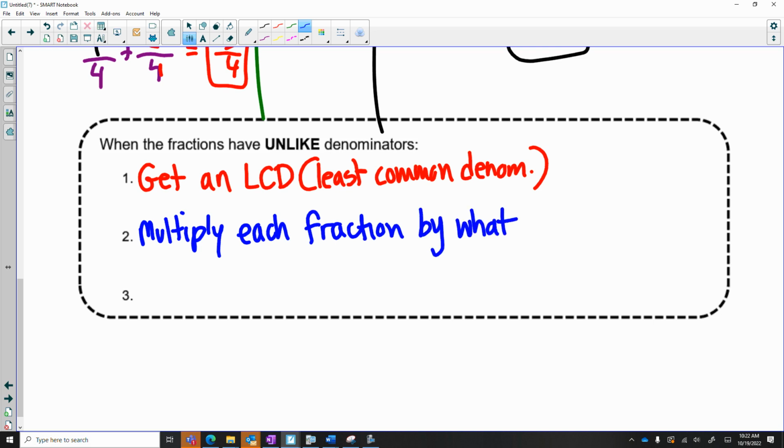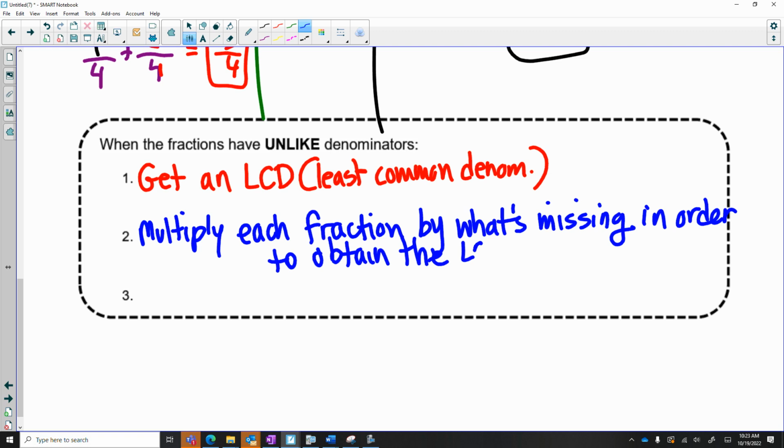So, for example, in the above question, the LCD was 3x, and we want to basically achieve the LCD of 3x. So the first one of them was missing a 3, and one of them was missing an x. So multiply each fraction by what's missing in order to obtain the LCD. And that's that. And then once they have the same denominator, then you're allowed to proceed as if they have the same denominator.